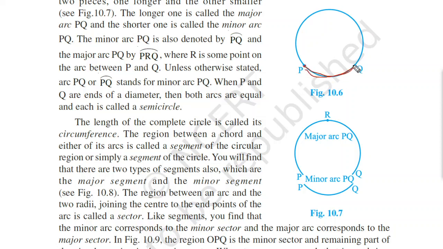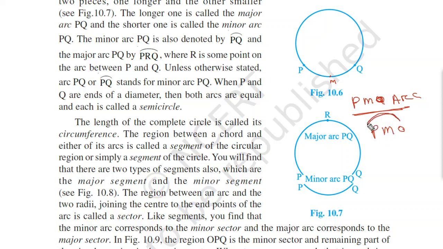We'll take P and Q as two points, and this portion is an arc, or you can say the other portion is also called an arc. We can name an arc by taking another point, say M. We can say PMQ is an arc, or in short we can name it PMQ.